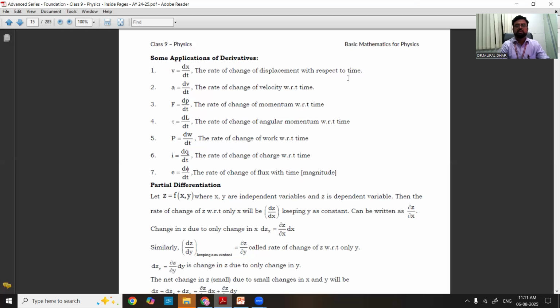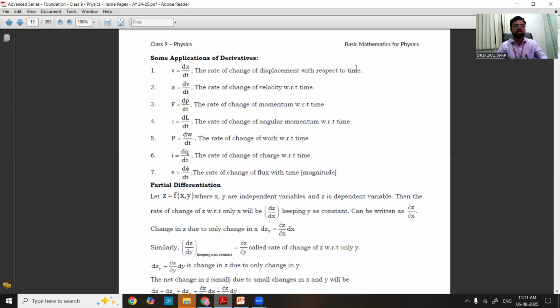So you know x is called displacement, and t is given for time. In that case, the rate of change of displacement is written as dx by dt. t is the time here. Displacement by time is nothing but velocity. Second, velocity by time will give acceleration.